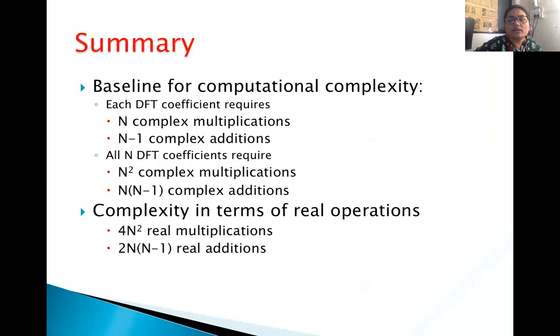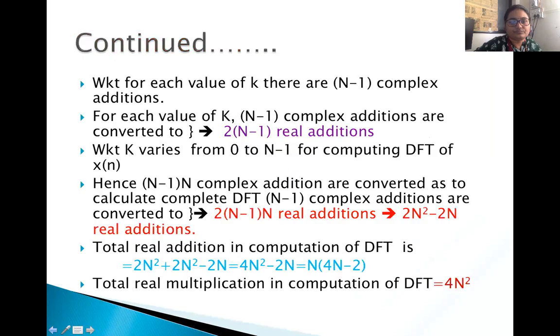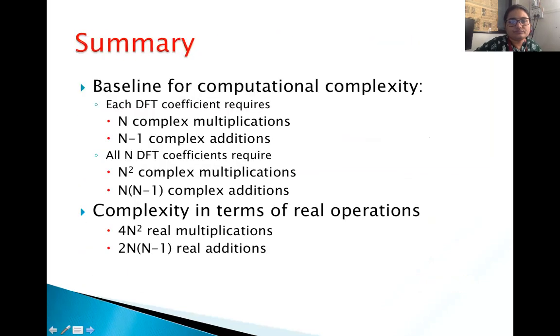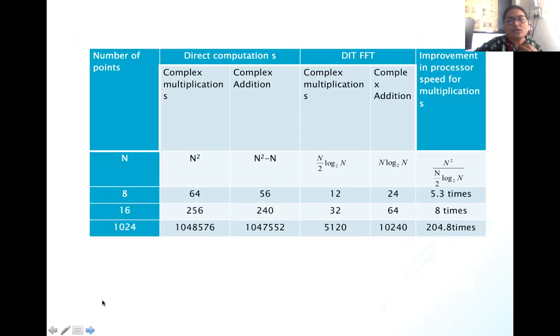In the same manner, for 1024-point DFT, it is 1047552. So these many complex additions one needs to perform, right?